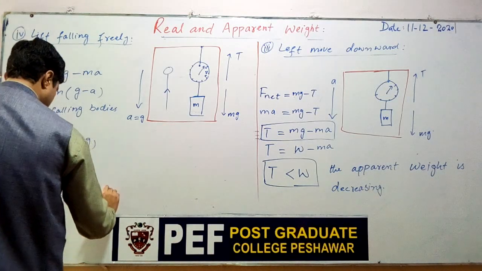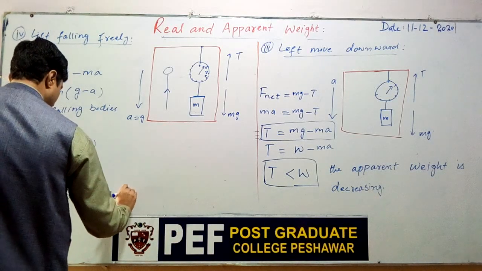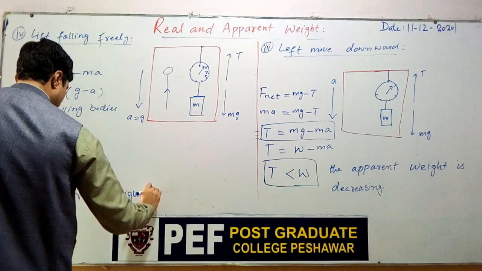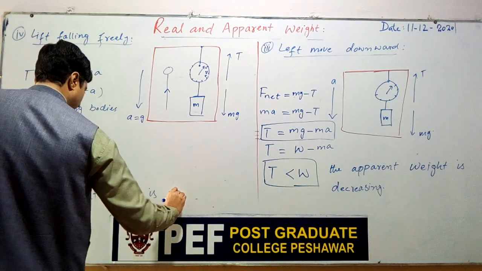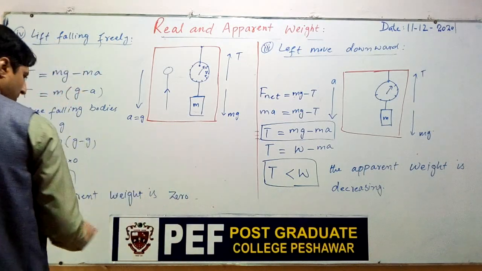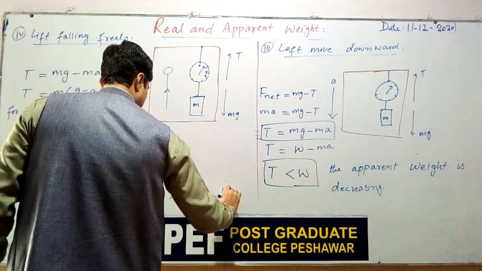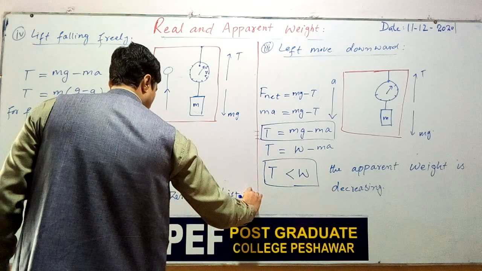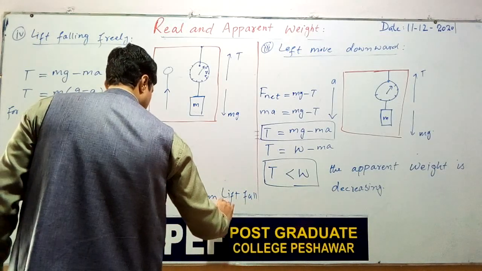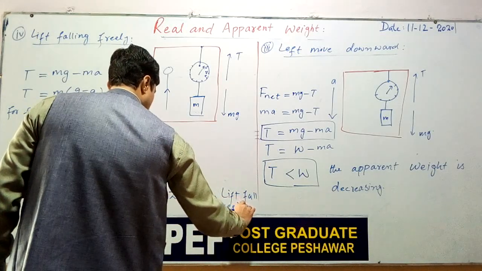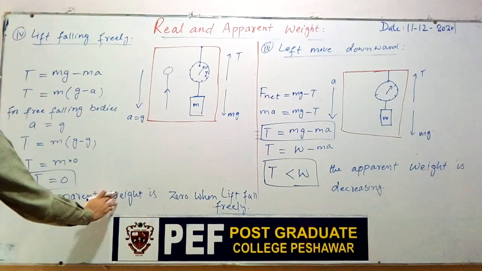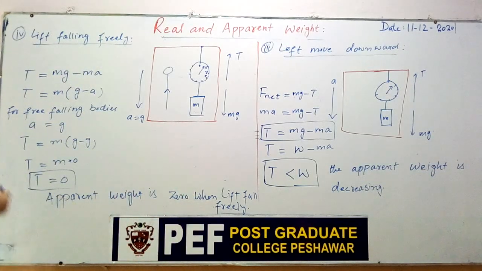Apparent weight is 0 when the lift falls freely. When the lift falls freely, the apparent weight will be equal to 0.